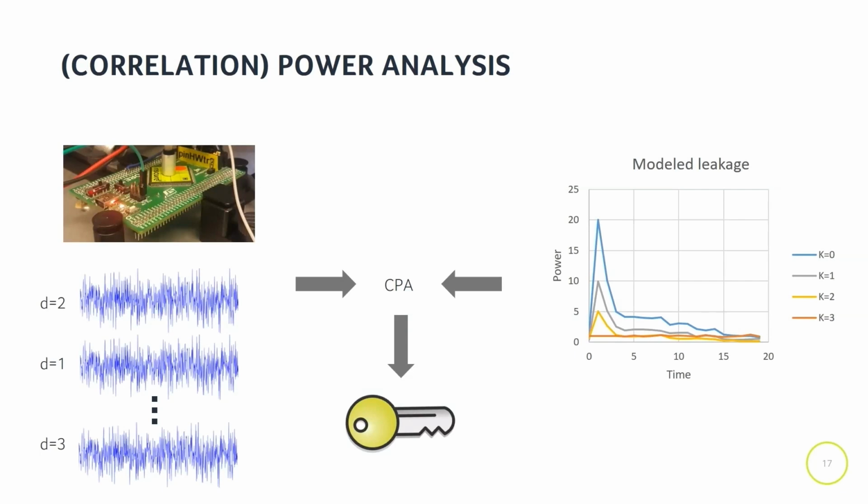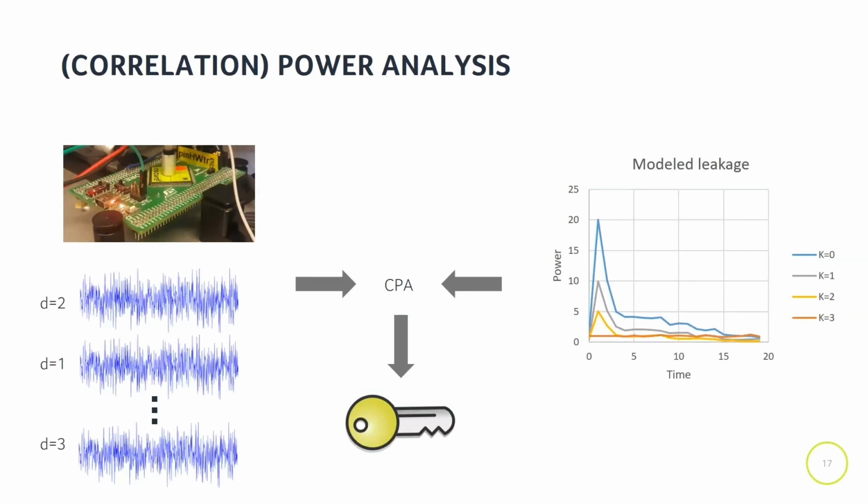What CPA, for short, does is you take an AES engine, you send it various, differing plain texts, and you try to model what the power would look like if a certain key byte would be correct. So I'm going to say, well, if my key byte is 0, then I kind of know by the design of AES what bit flips I should see given a certain plain text, and I can match that against the trace. If my match is correct, then I say, well, that's probably the right part of the key.